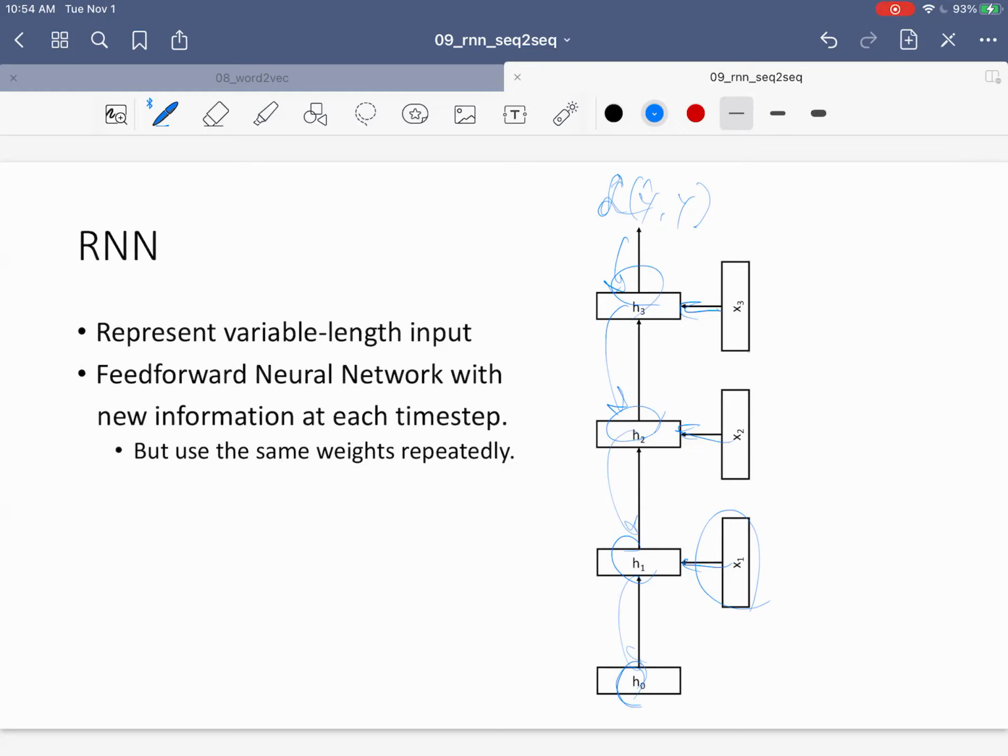But here, because you have another input channel where you can backpropagate your error, your error signal also goes to here, and then here, come back here, and here. So the backpropagation mechanism is kind of complexified, but the fundamental theory is all the same. It's just exactly like feed-forward neural network. It's just that you have side information or new input at each time step, and you're reusing the same parameters over and over again.